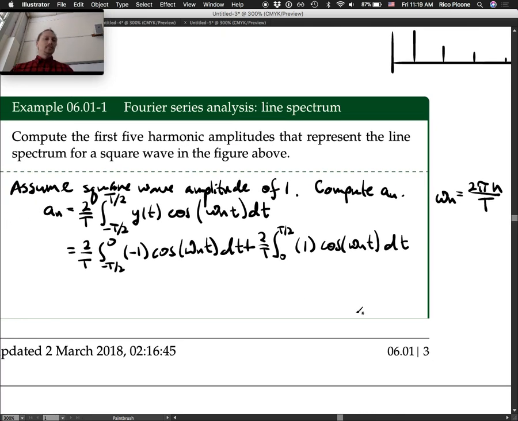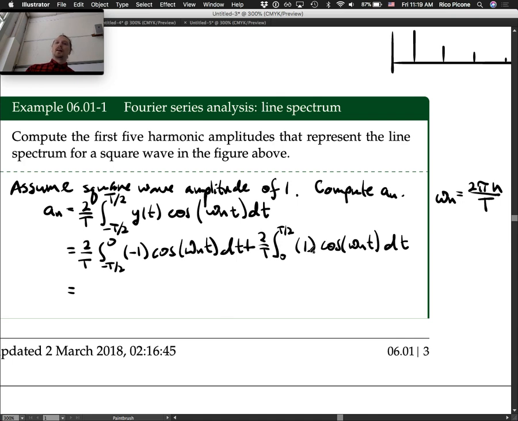So this is just integrating over cosine in each case, right? So we can take the negative sign out front. And in fact, what we see is we have the integral from negative T over 2 to 0 of cosine omega n t with a negative sign out front.